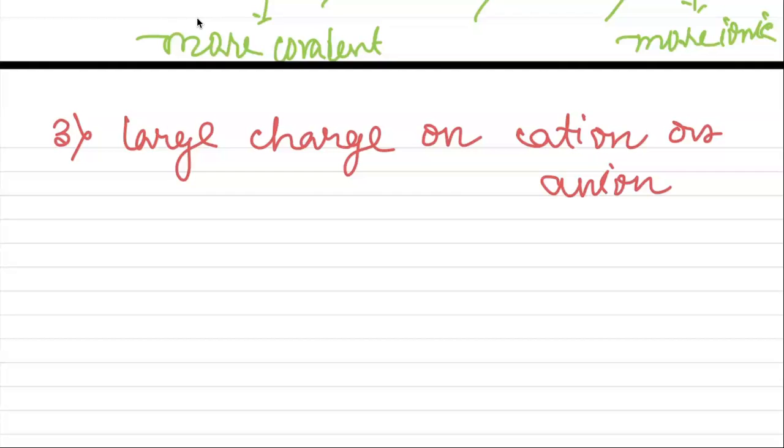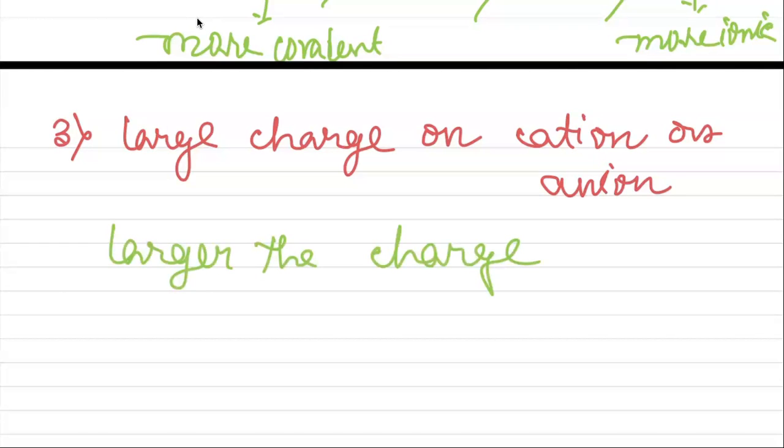Okay, so we can say the larger the charge on cation, the greater is the polarizing power.